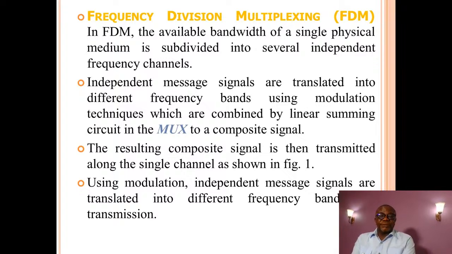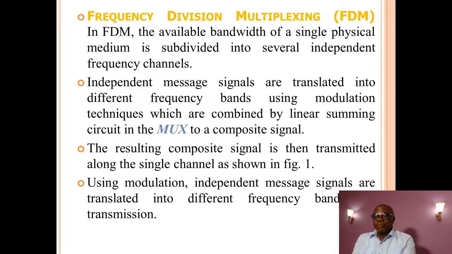Using modulation, independent message signals are translated into different frequency bands for transmission. For instance, when we were talking of sampling, we saw how different frequencies appear. So those different frequencies can be transmitted simultaneously using the same channel.